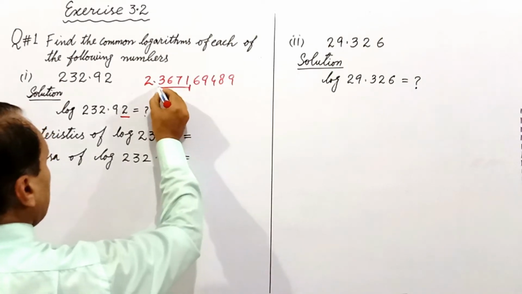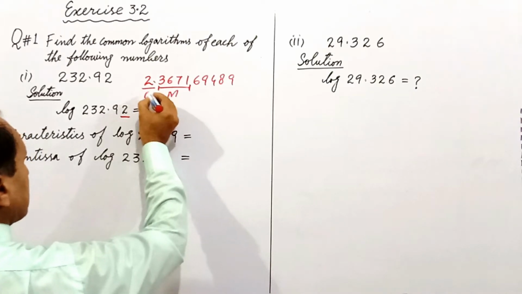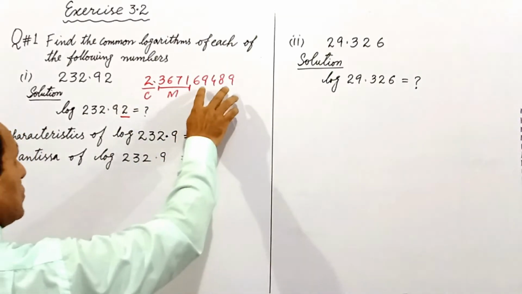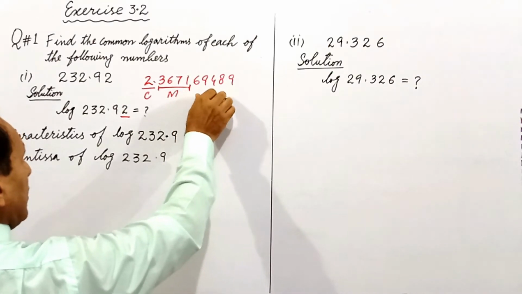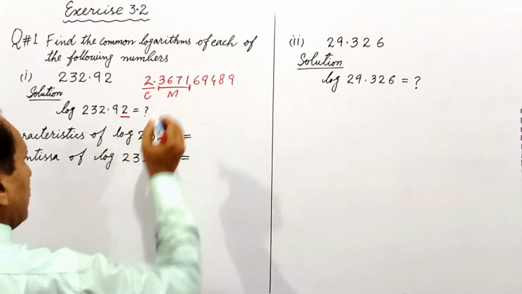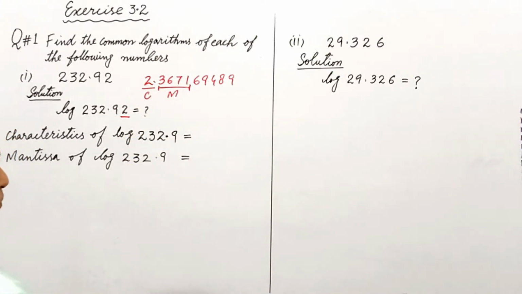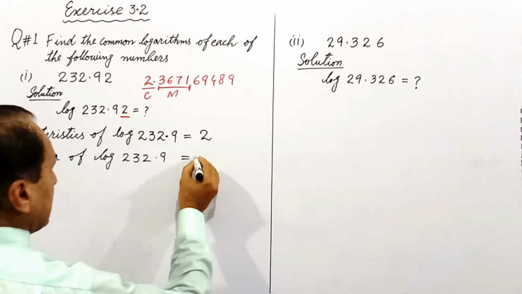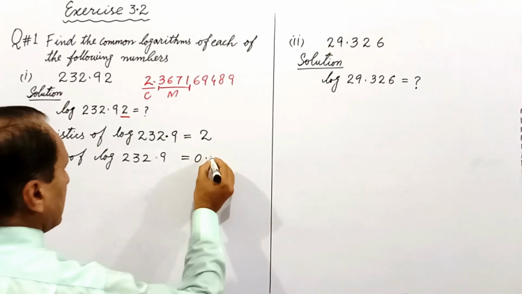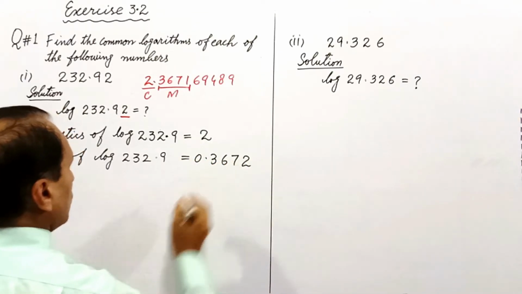So that will be the mantissa, the decimal part, and the integral part is the characteristic. To reduce this value up to 4 decimal places, we have to use rounding, and according to the rounding, that value will become 0.3672. So our characteristic is 2 and our mantissa is 0.3672.